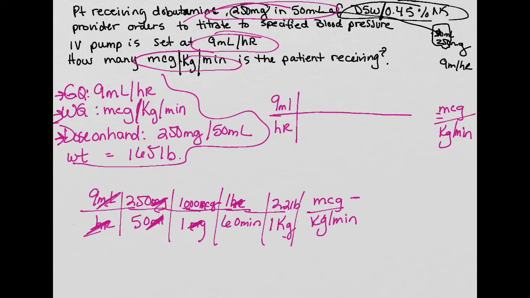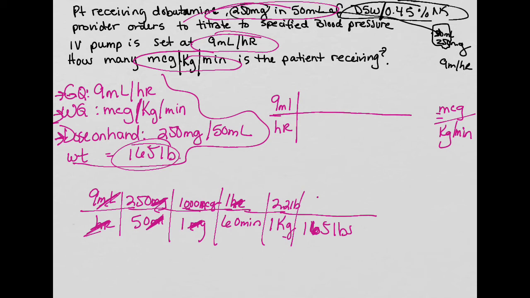And I'm going to erase this because I'm going longer. 2.2 pounds is 1 kilogram. All right, so what do I have now? I'm stuck with pounds up here, also with micrograms. I can't have that. So how many pounds does this patient weigh? 165 pounds. And let's see, what else can I cross out here? Milligrams, kilograms, 2.2 pounds, 165 pounds.